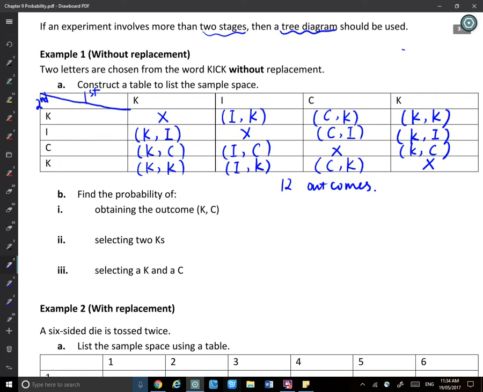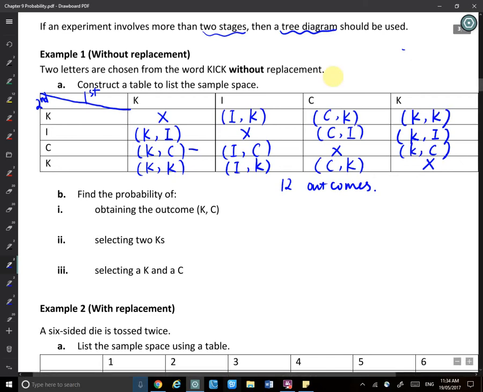Okay, the probability of obtaining Kc. If it's read in ordered pairs, K must be the first one, C must be the second one. How many favorable outcomes of Kc do you have? 2. Okay, we have this Kc and this Kc.